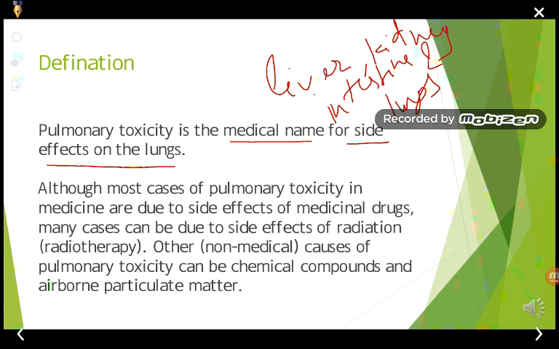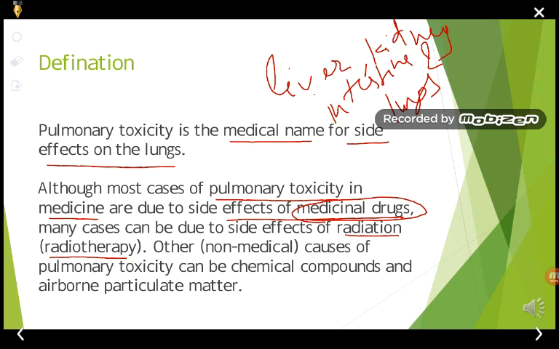Although most cases of pulmonary toxicity are due to the side effects of medical drugs, most pulmonary toxicity is caused by medications or the intake of certain medical drugs. In many cases it can be due to the side effect of radiotherapy.